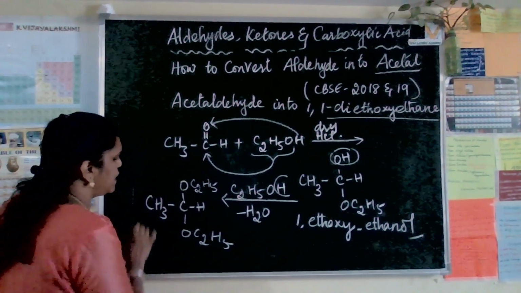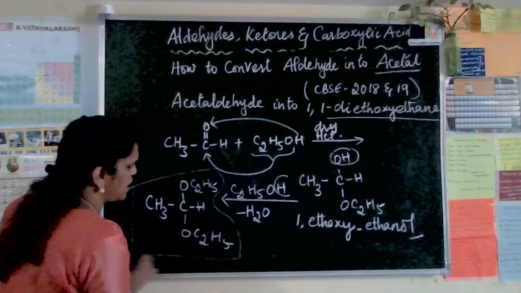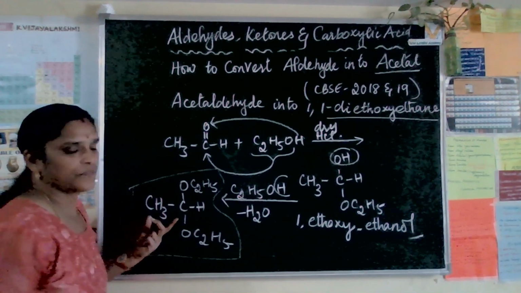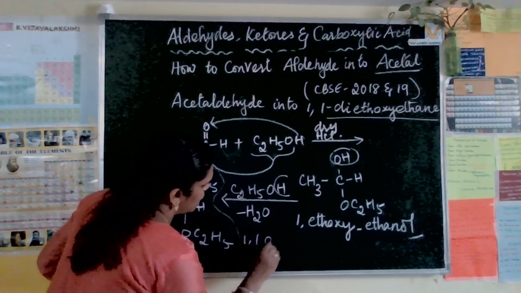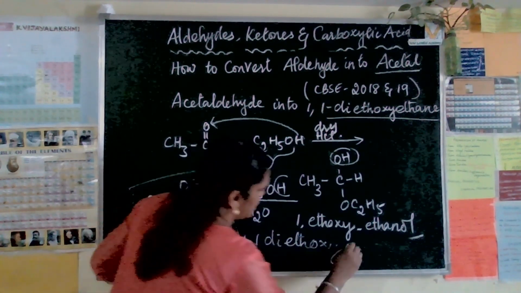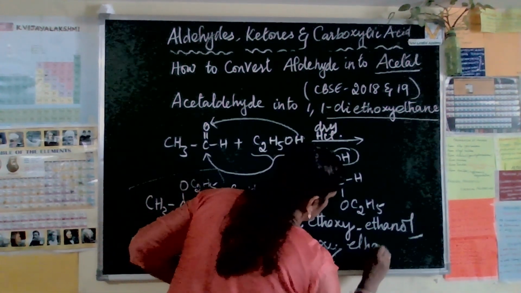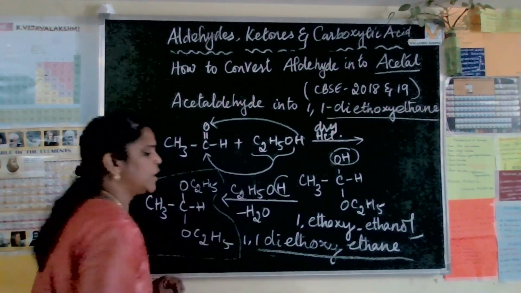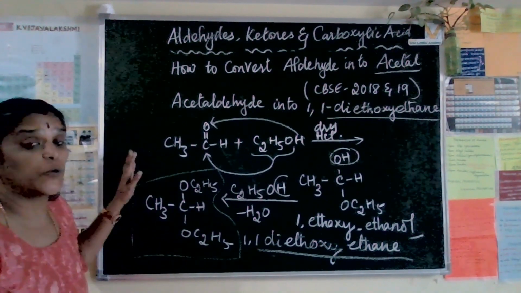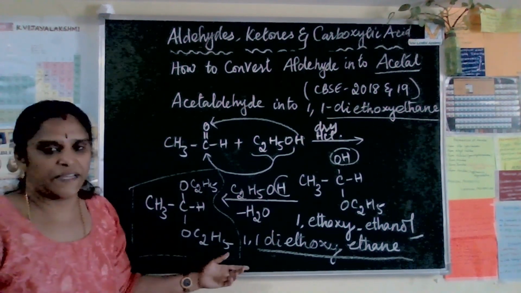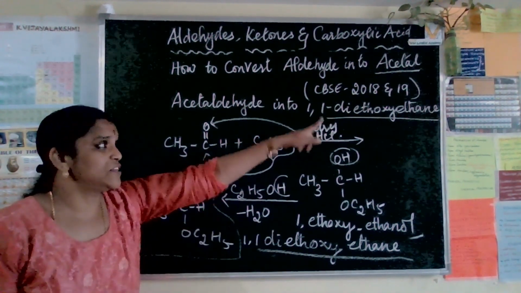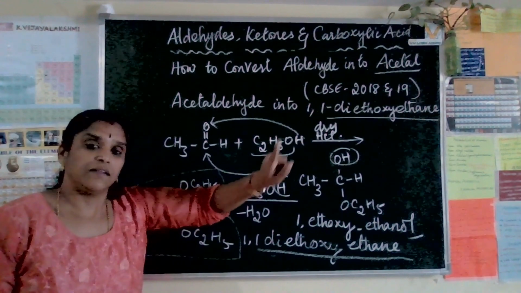Now what is the name of this? It is 1,1-diethoxyethane. I think you know very well how to get this kind of formation. Addition of alcohol and aldehyde gives acetal, right?